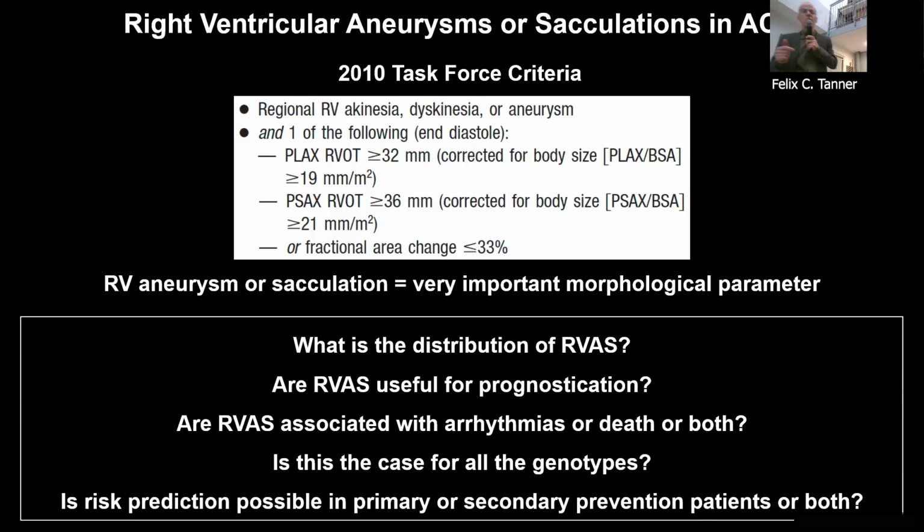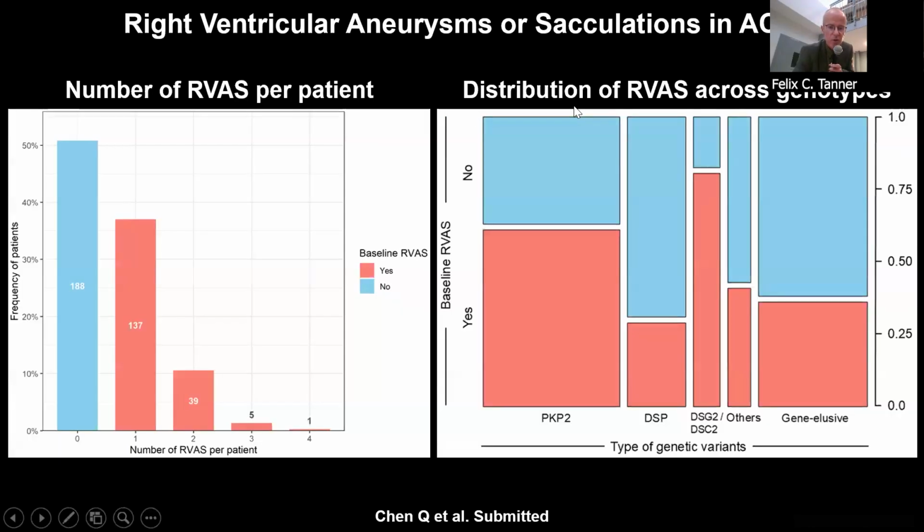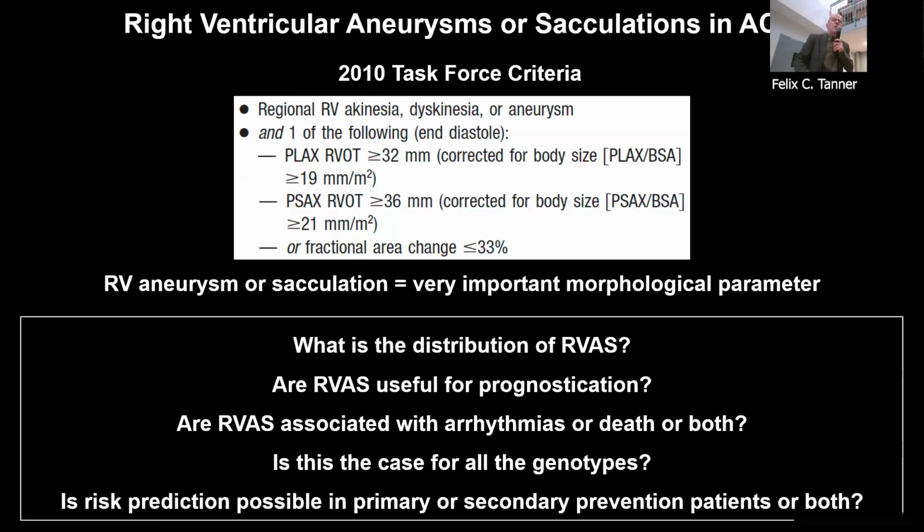So the other thing we started to look at is this up here, this aneurysm or sacculation item. Also there, we realized not so much is known. Nevertheless, it is recommended. It's the first point which should be checked.